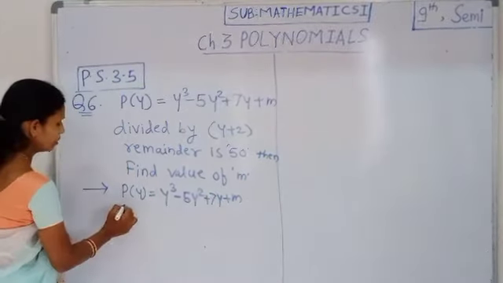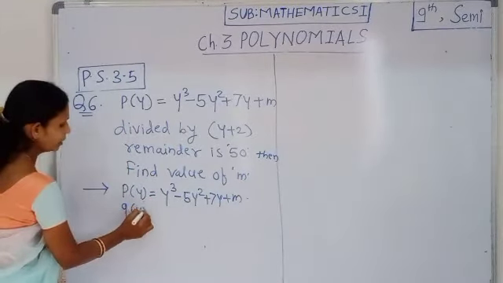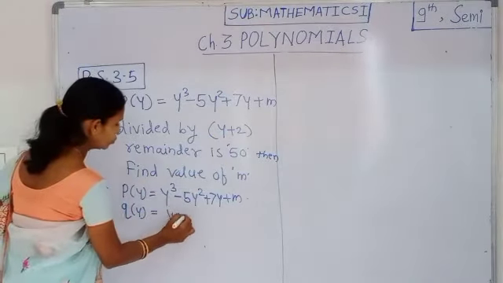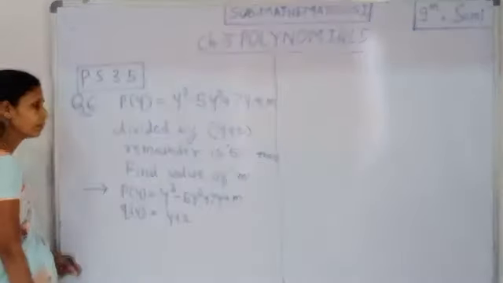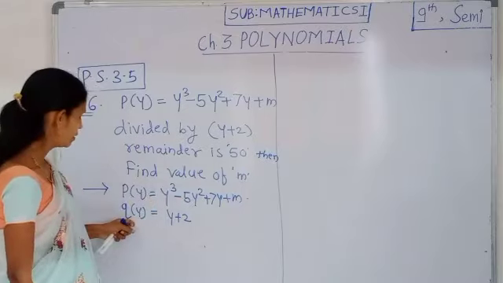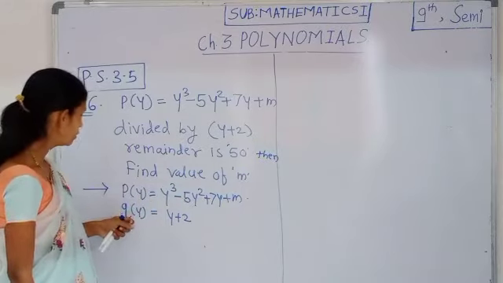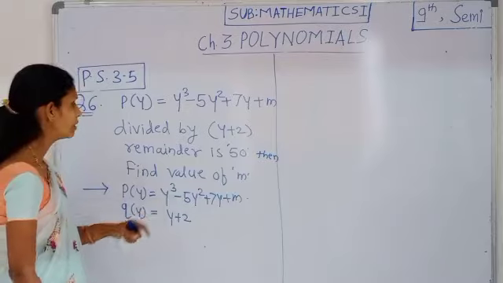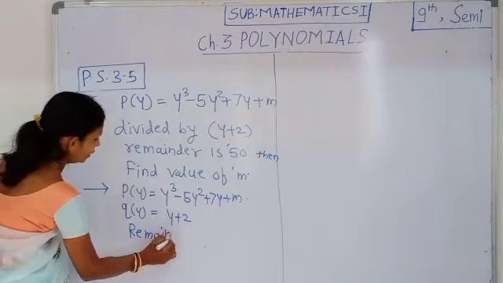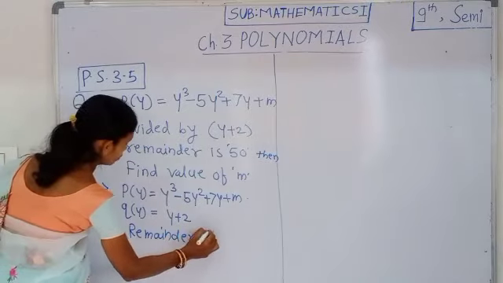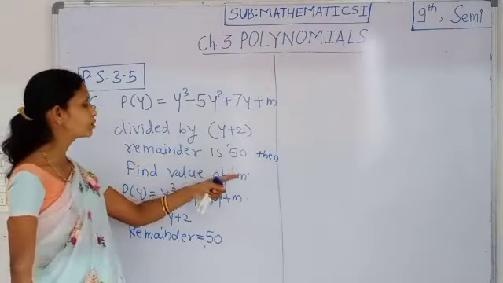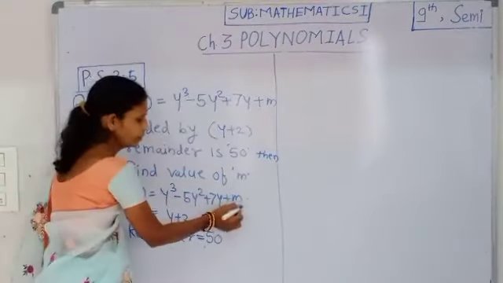And here another q(y), that is the second polynomial in y variable, that is y plus 2, is a divisor. Then if we divide this p(y) by the polynomial q(y), then the remainder is 50. Then we have to find out the value of m.